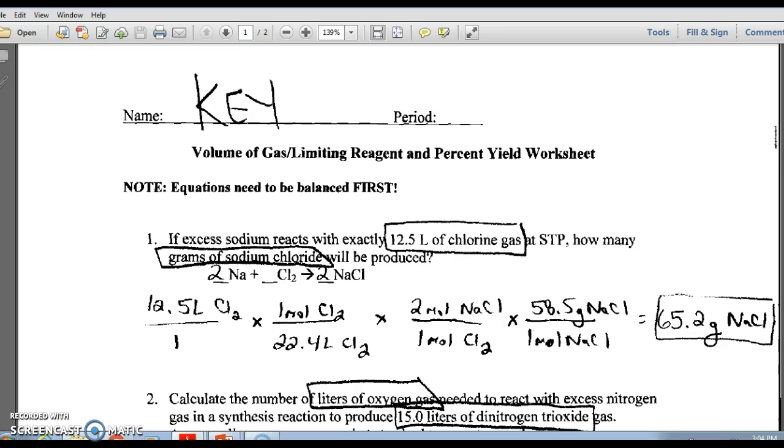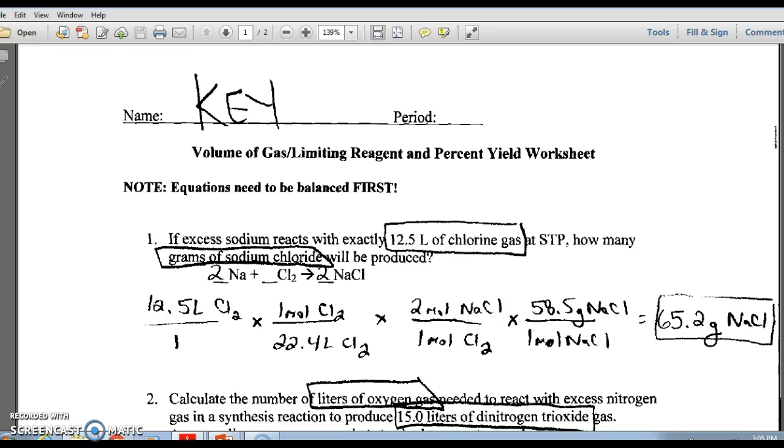And so we can cross the mole ratio bridge. So we know about chlorine, we want to know about the sodium chloride, and so they're in a 1:2 ratio. And then since it asks for grams of sodium chloride, we simply use the molar mass of sodium chloride and then do the calculation in our calculator, round to 3 sig figs, and we get 65.2 grams of sodium chloride.